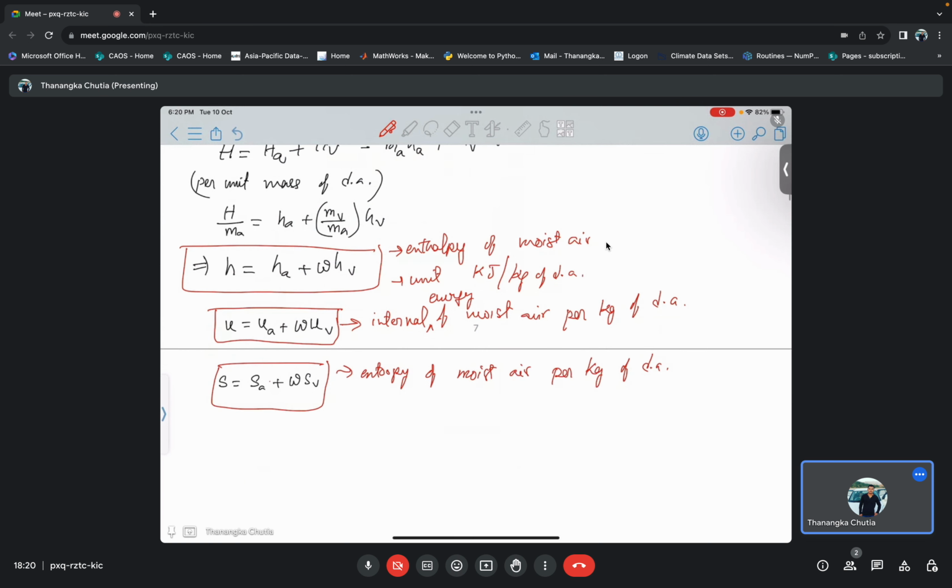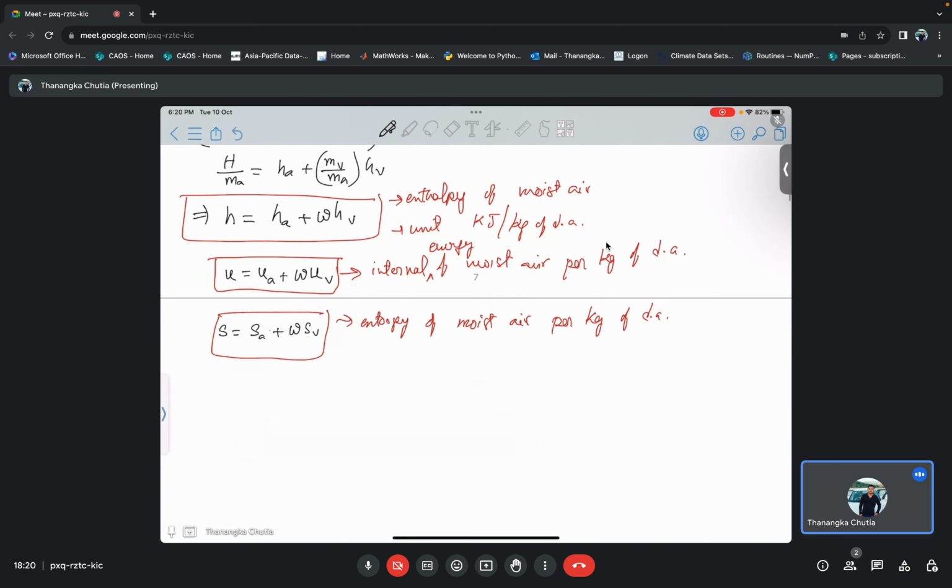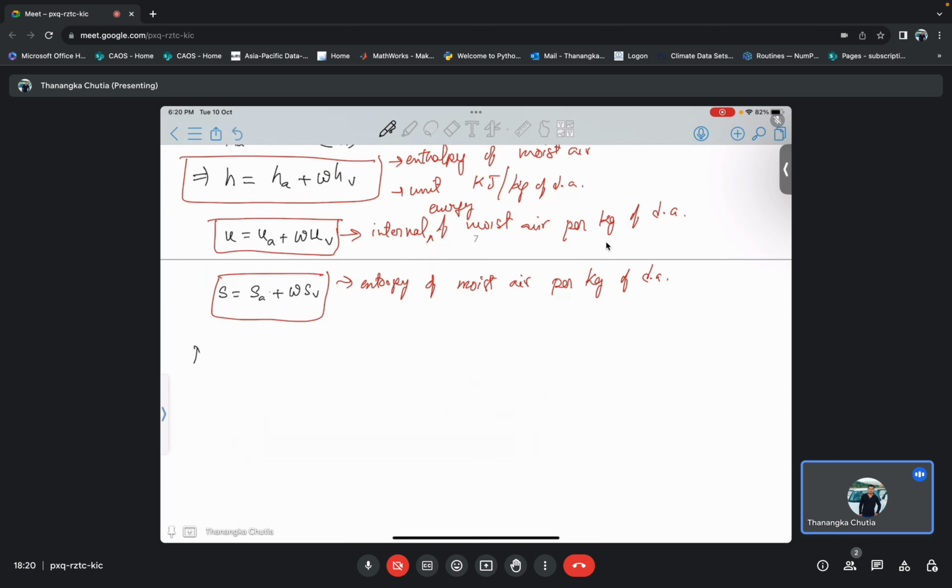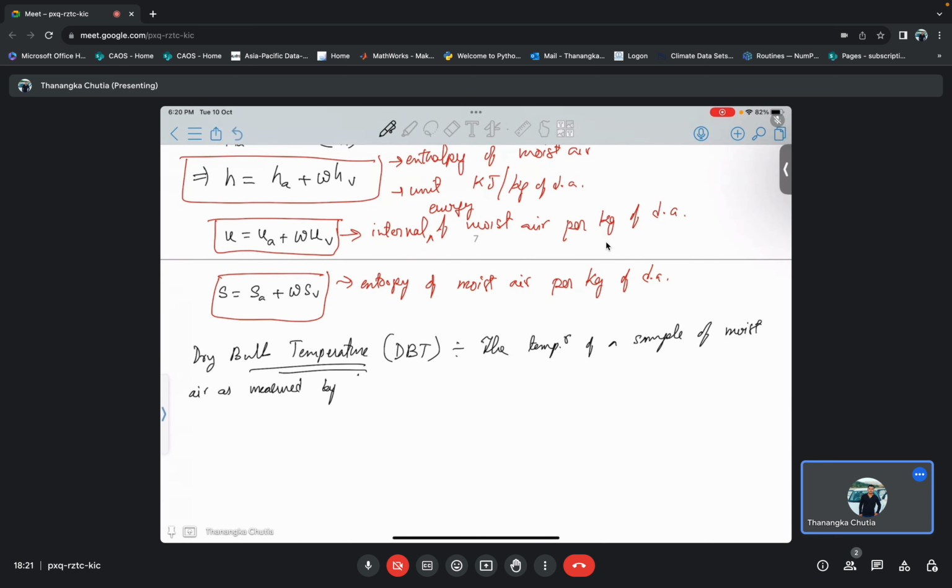Okay, now comes the important part, where we will be dealing with different types of temperatures. First temperature is the dry bulb temperature, or in short form DBT. It is nothing but the temperature of a sample of moist air as measured by a thermometer. So you take a simple thermometer and measure the temperature of the moist air.